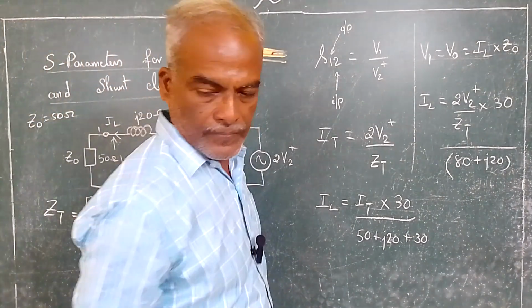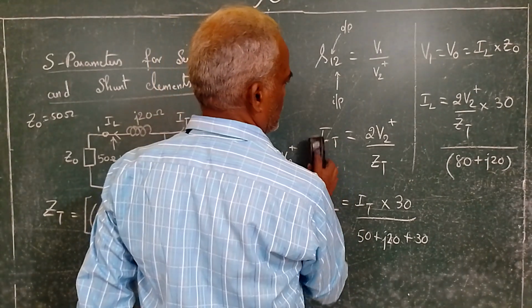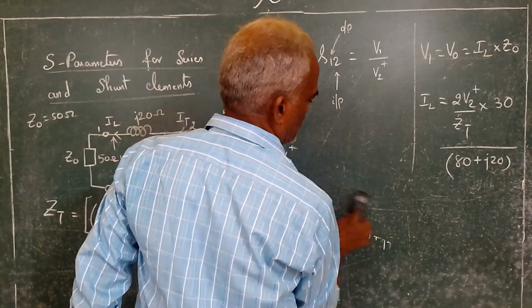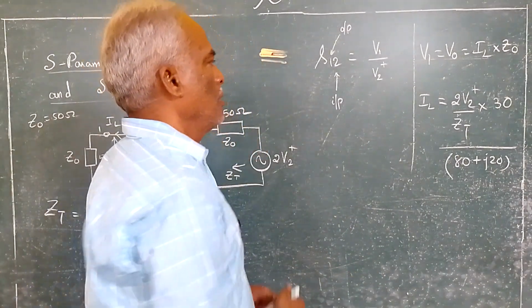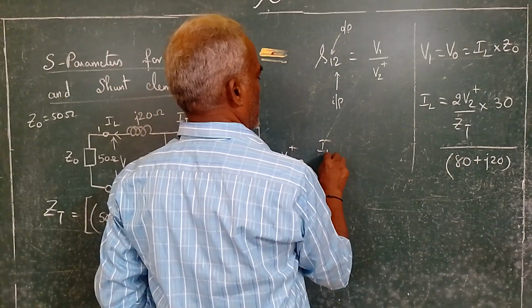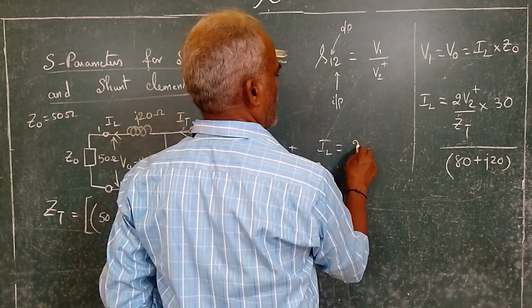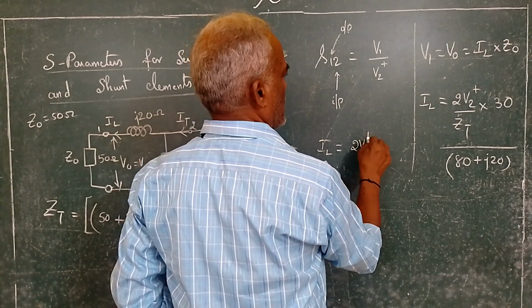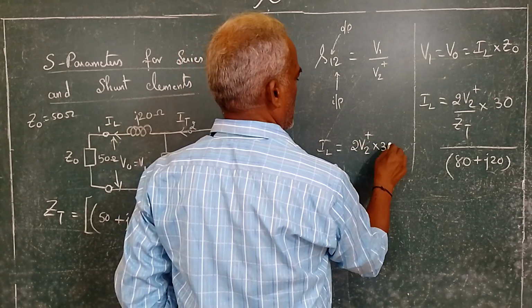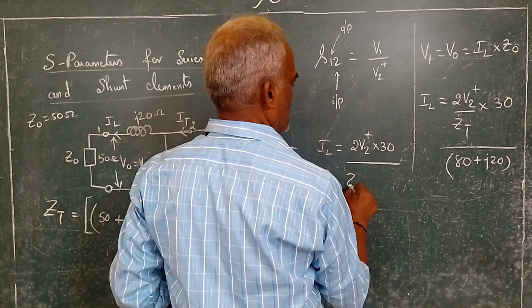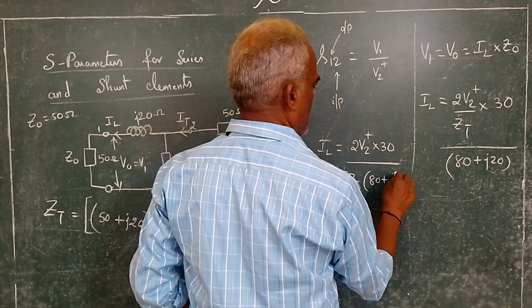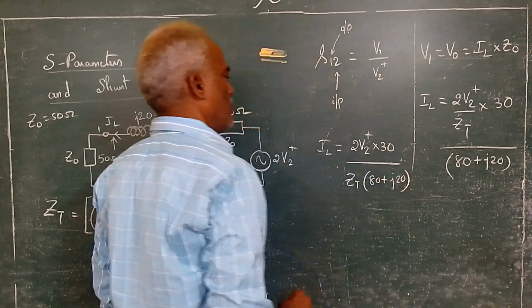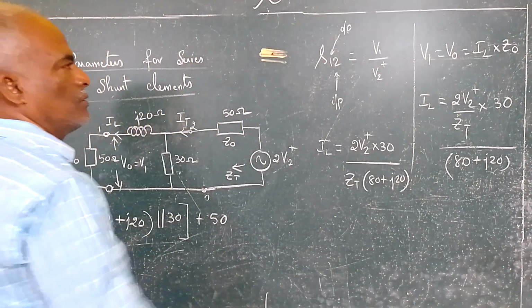That is, IL is equal to 2V2 plus into 30 by Zt into 80 plus J20. Now I want V out.